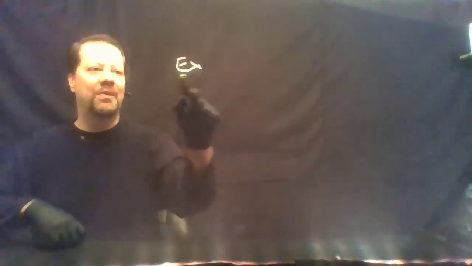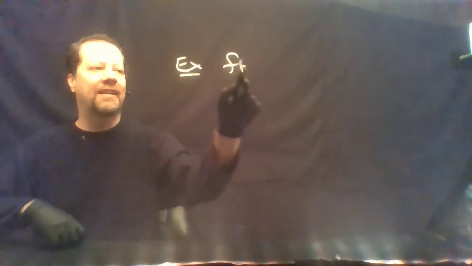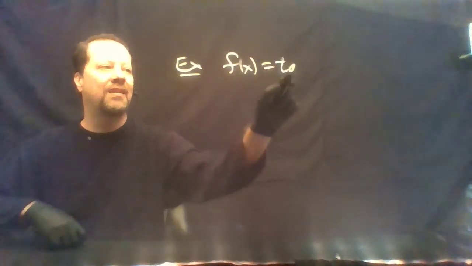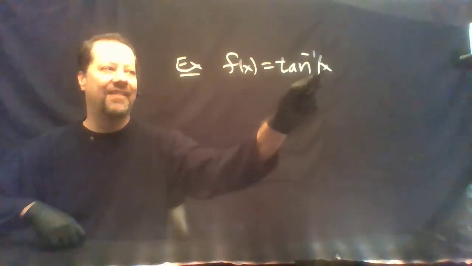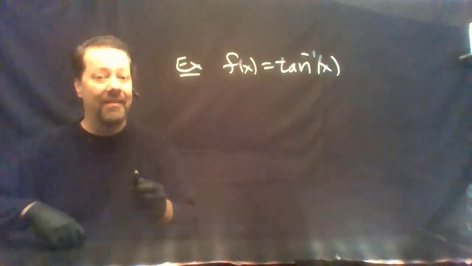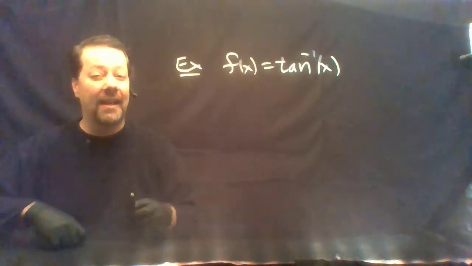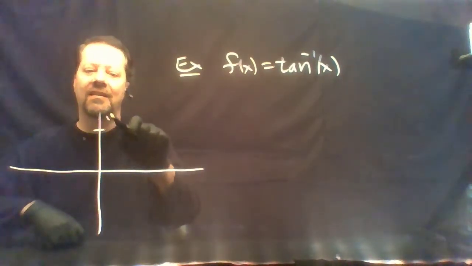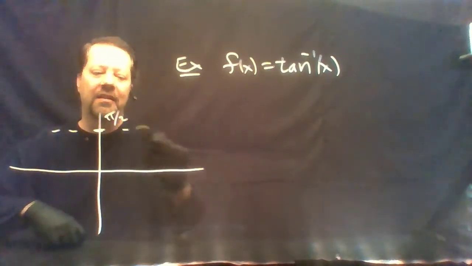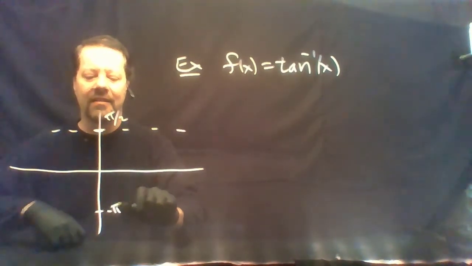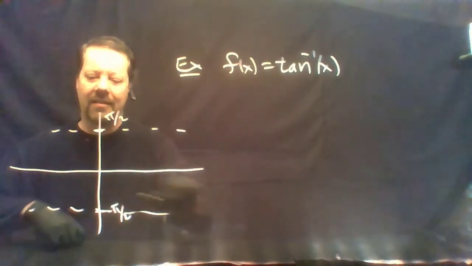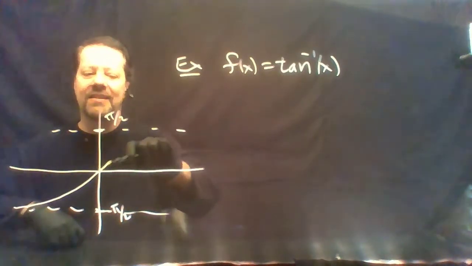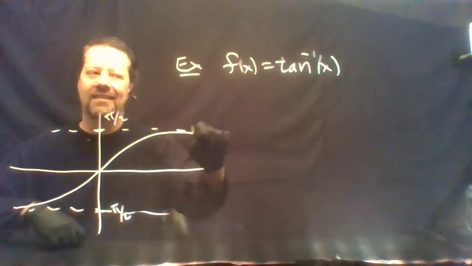So for example, let's look at f of x equals arctan of x. Now, this particular function is kind of special. Draw in the tangent function sideways. That gives you the inverse tangent.